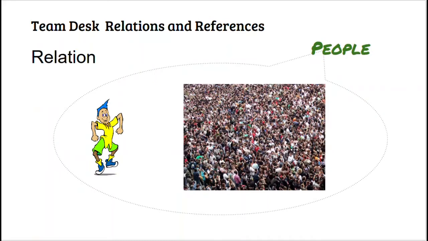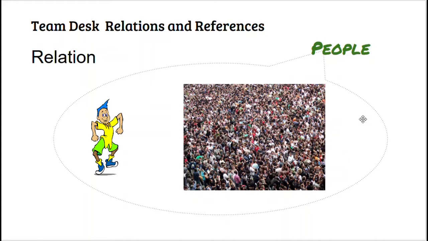Okay, a relation is a grouping where we say there's a group. So in effect, this is me, and I have a relationship to everyone, to people. So there's my relationship with people, and that's a big relation.